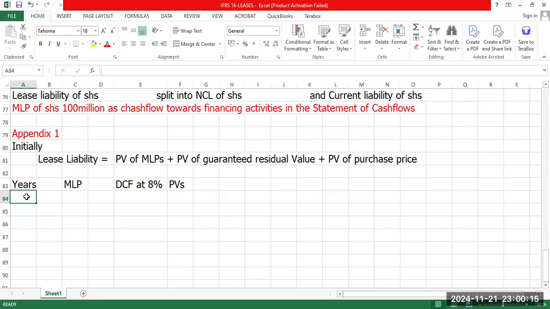But if you're paying different amounts, if each year you are paying different amounts, then you use the single factor.